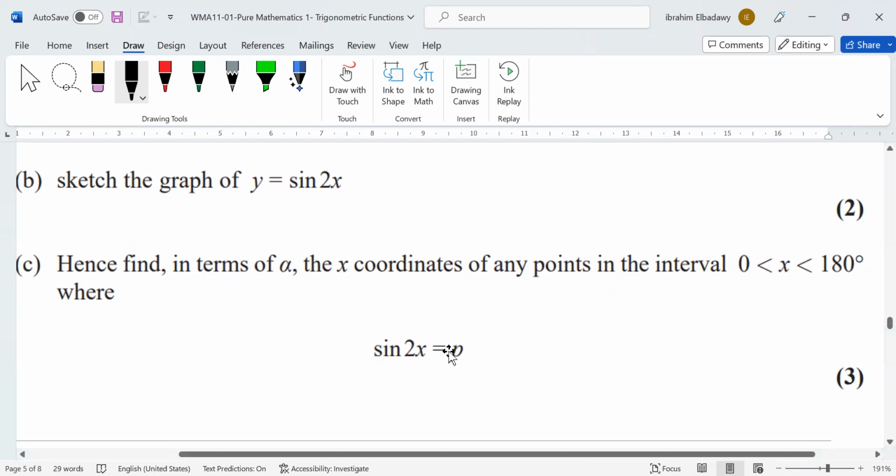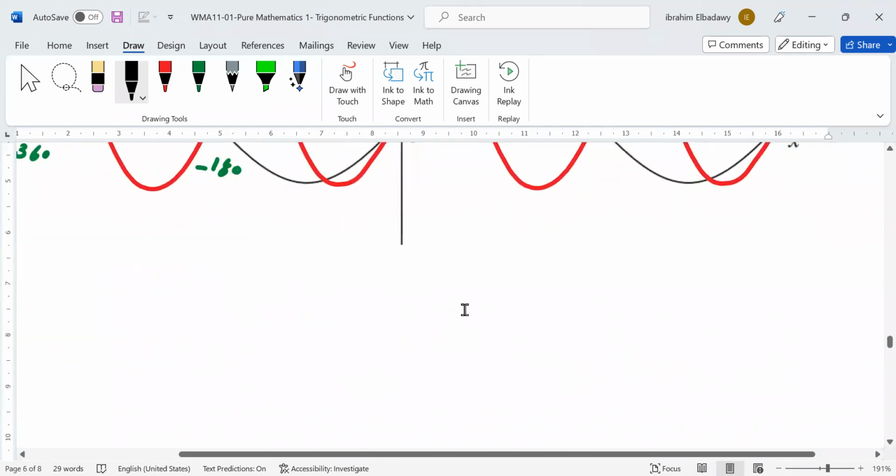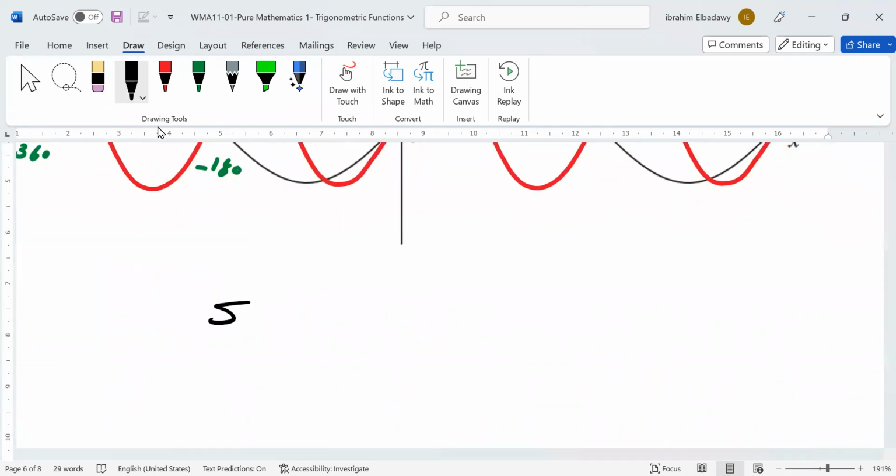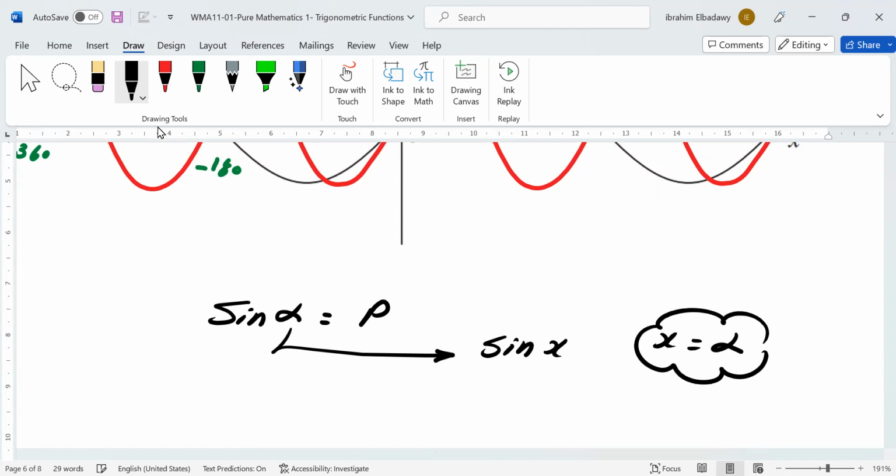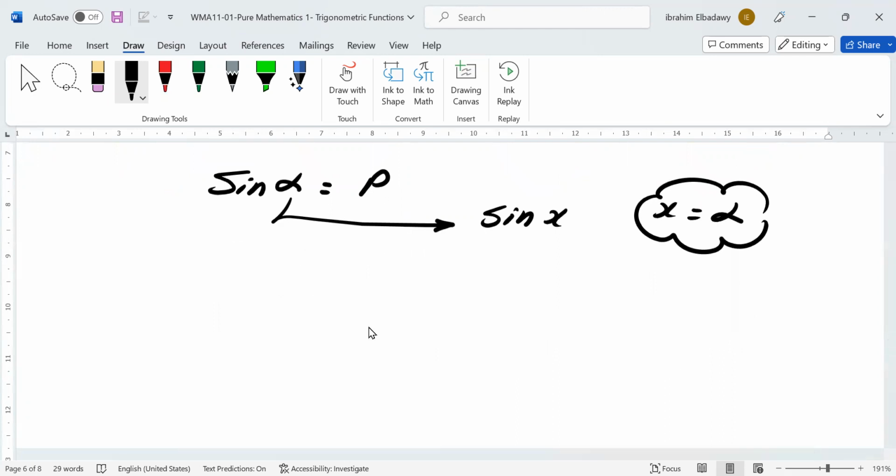Okay. Here in the very beginning, we said sine alpha equals b. But this one is related to the normal case, sine x. So here x equals alpha, right? But now he sketched another thing.